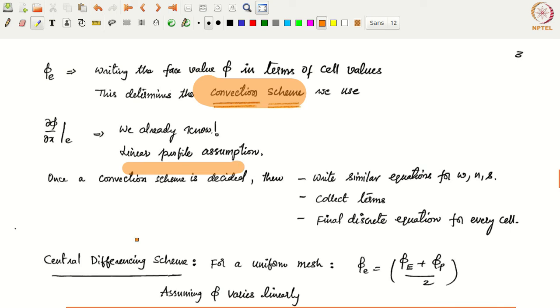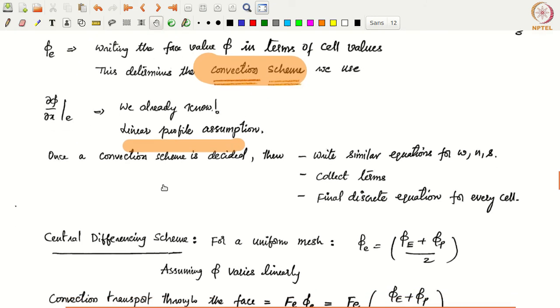Once we decide how to calculate phi east in terms of the cell values, we need to write similar equations for the west, north and south faces, collect all the terms and formulate the final discrete equation for every cell. Now we would introduce one particular scheme, which we call the central differencing scheme.